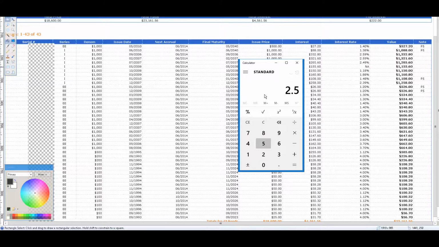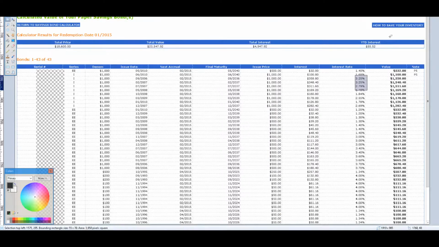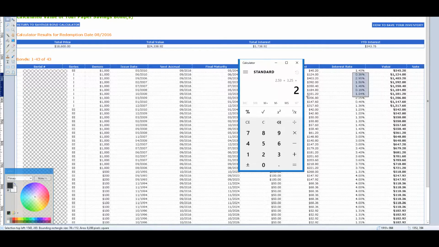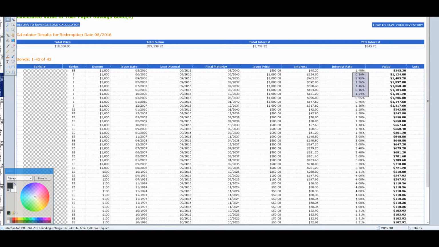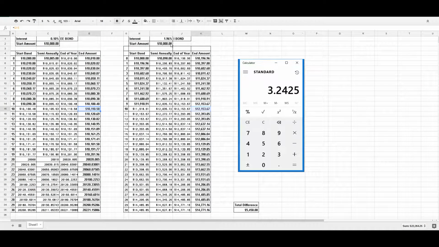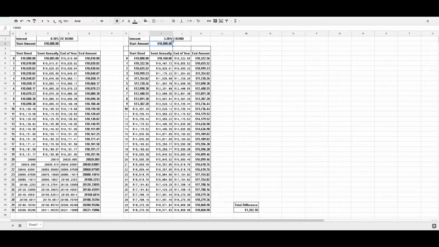So 2.59 plus, third one is 3.25, 3.25 plus 2.95, 2.95 plus 4.18, 4.18 divided by 4 gives me an average of 3.2 inflation. So 3.2% is our new interest rate. That is the average interest rate with inflation.